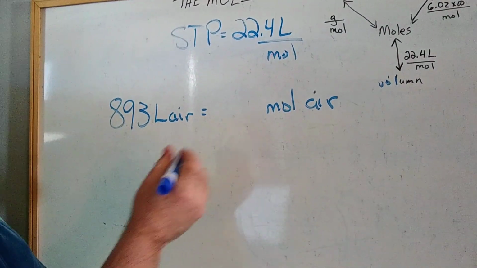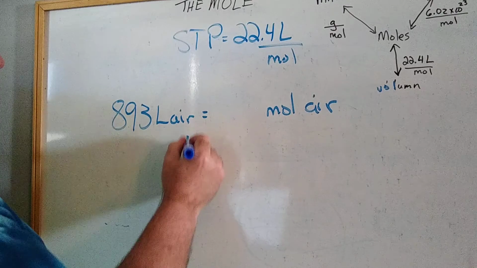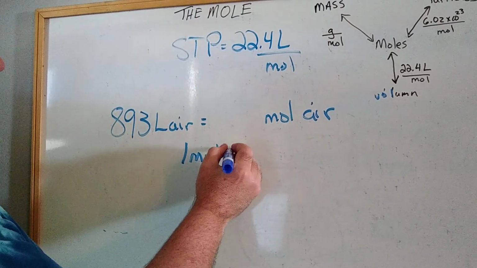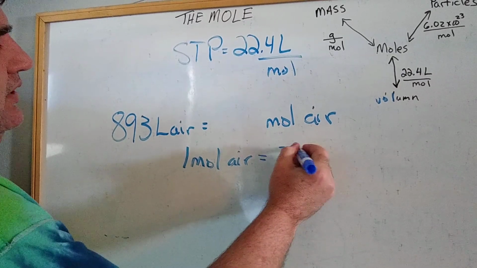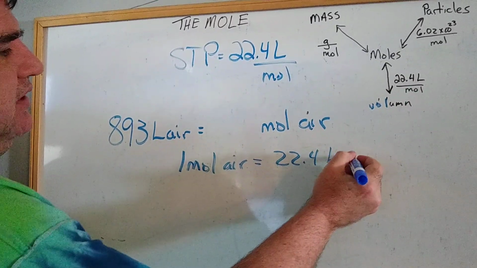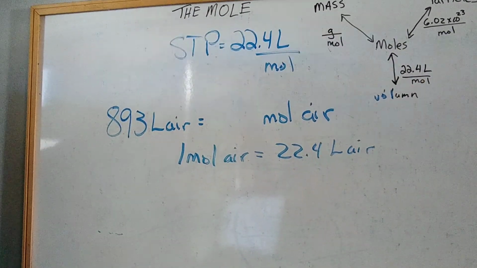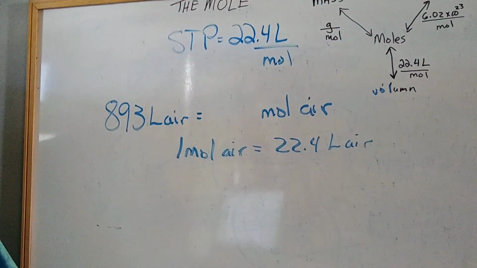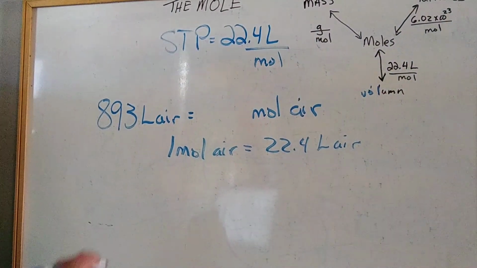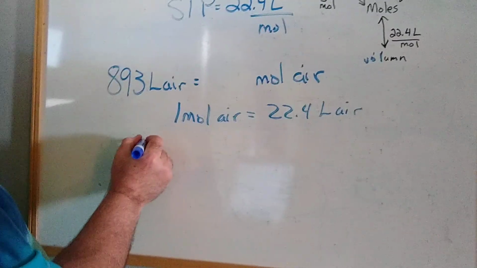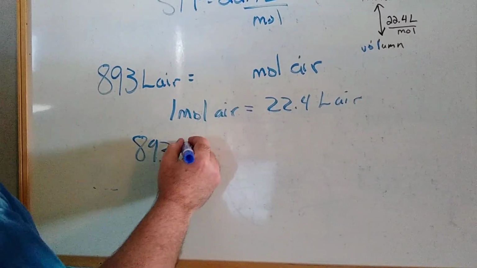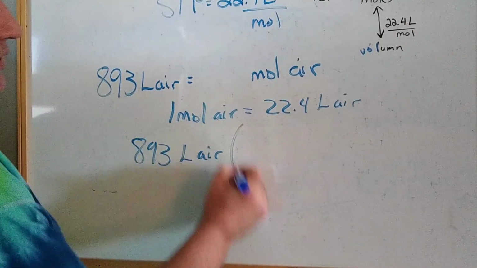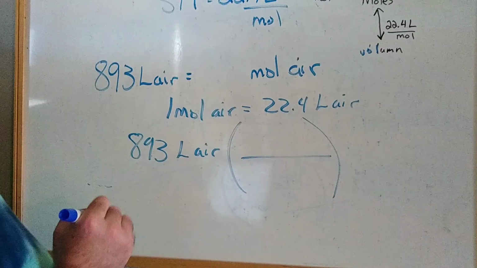Well, our equality again is this. We know that 1 mole of air equals 22.4 liters of air. We get to use that as a standard. We'll adjust things a little bit later on. So we get 893 liters of air. Put in our conversion factor.